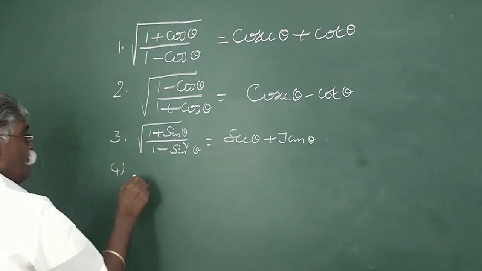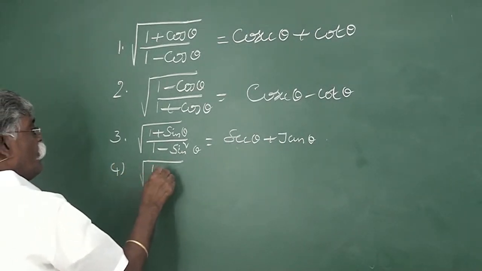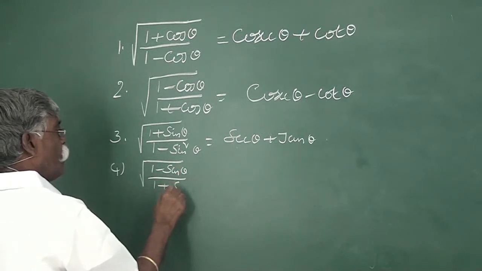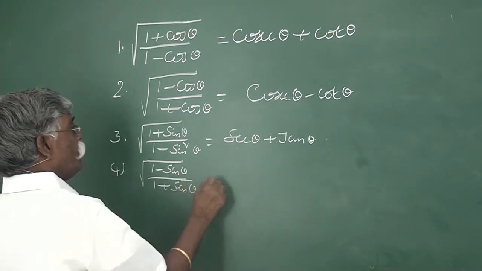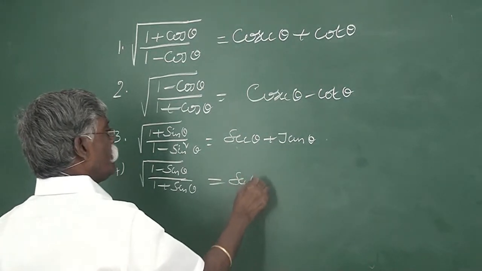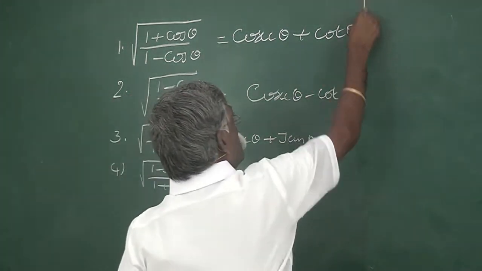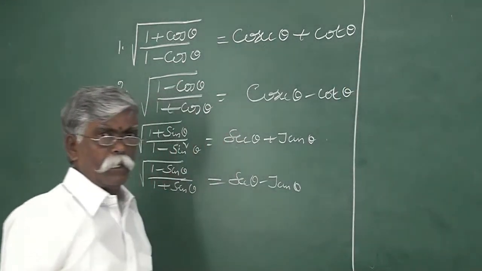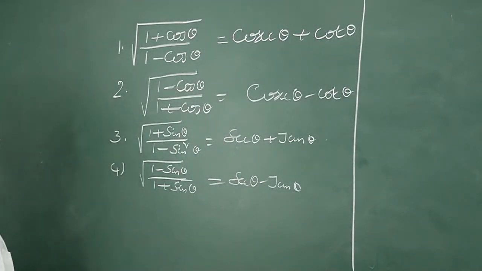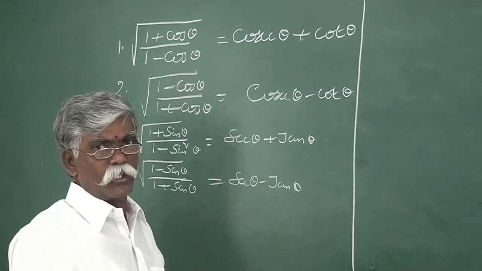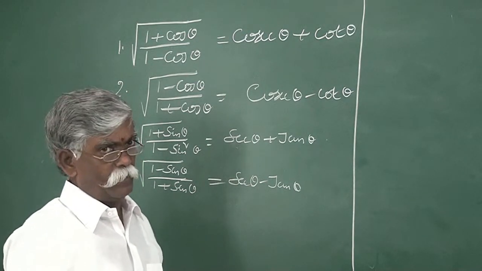The fourth one, root of 1 minus sin theta by 1 plus sin theta is equal to secant theta minus tan theta. So all the problems are in a similar way. Even the solution is similar for all.